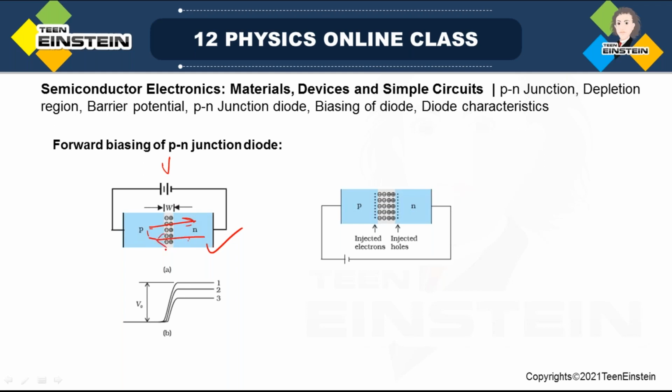In the beginning, because of the high concentration in the p and n regions, the electrons or holes do not have to go a long distance to recombine. At a very small distance itself, the electrons and holes will be recombining on both sides.